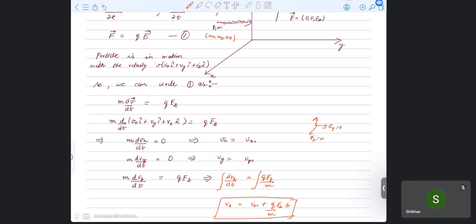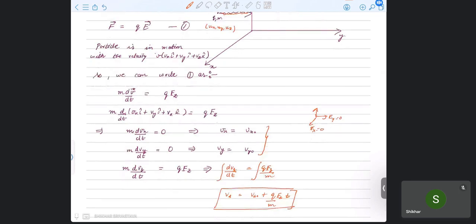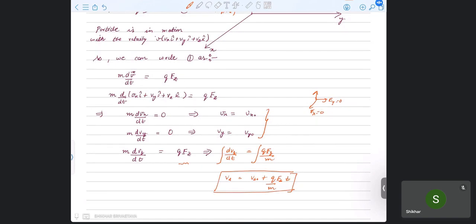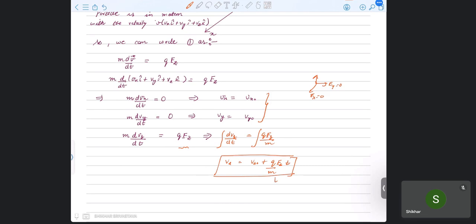The particle will keep on moving with its initial velocity in those directions, and since the electric field is present only in the z direction, the particle motion will change only in the z direction, and that too with a linear change in time: some initial velocity in the z direction plus qEz t by m.